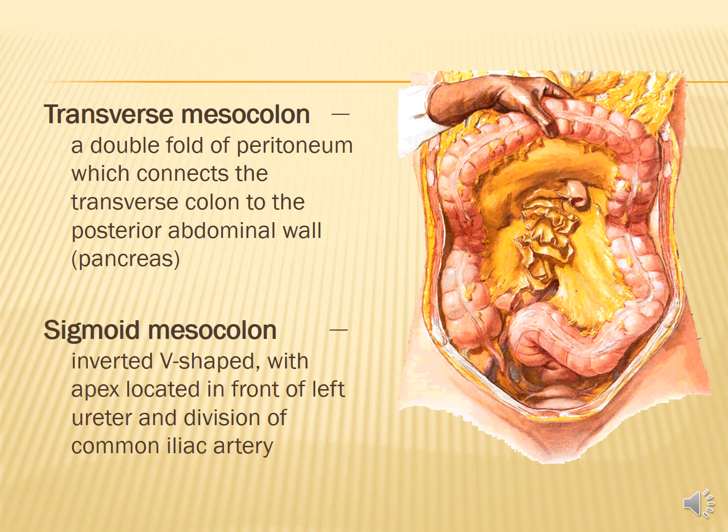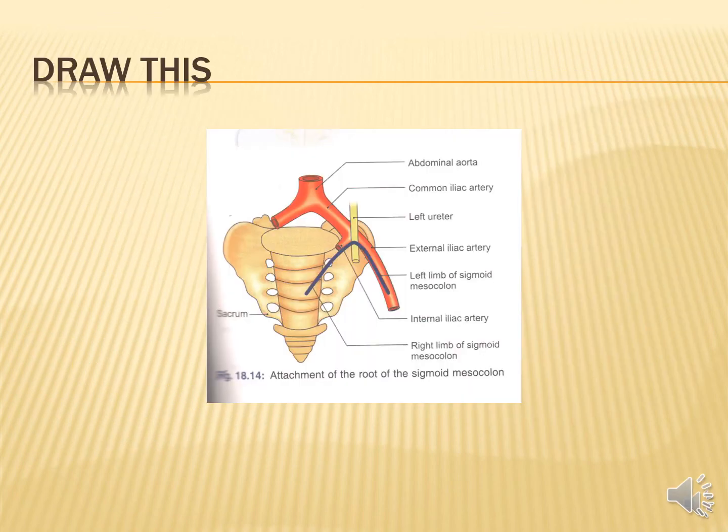Our next fold is sigmoid mesocolon, which is inverted V-shaped, and apex is located in front of left ureter and division of common iliac artery. So coming to the sigmoid mesocolon, this blue colored inverted V-shaped structure is the sigmoid mesocolon which suspends sigmoid colon.